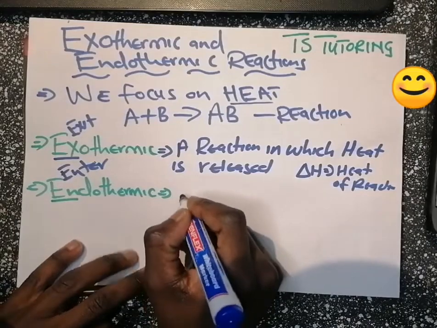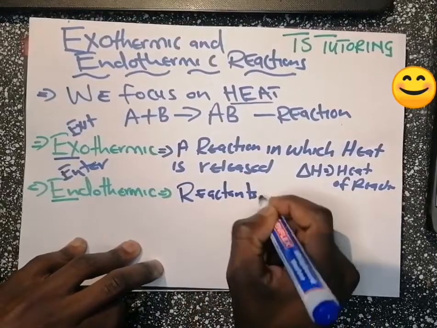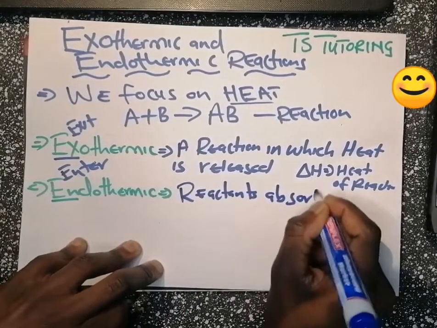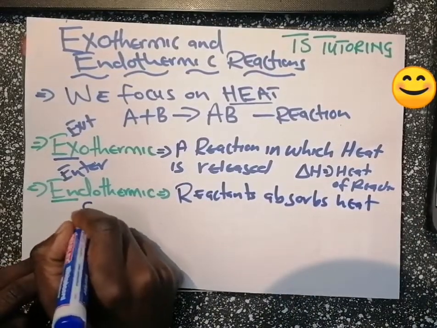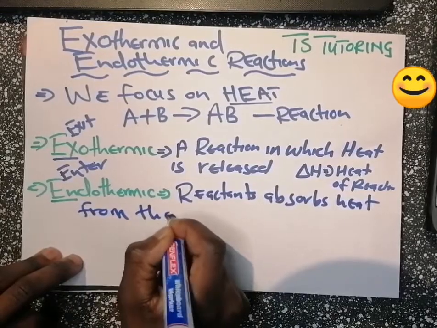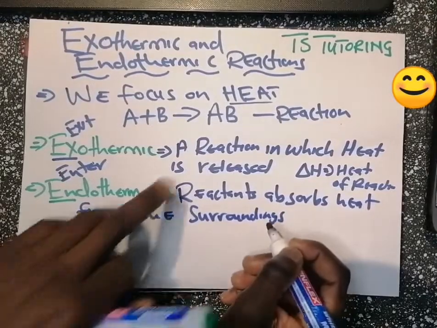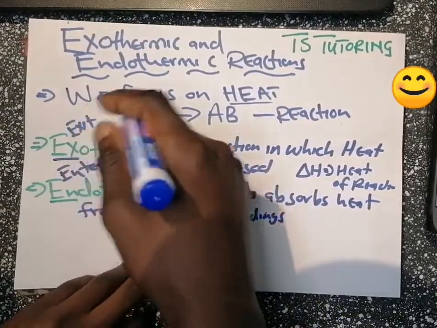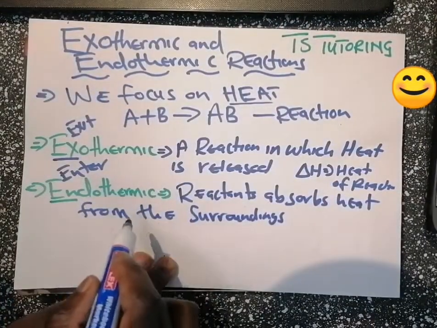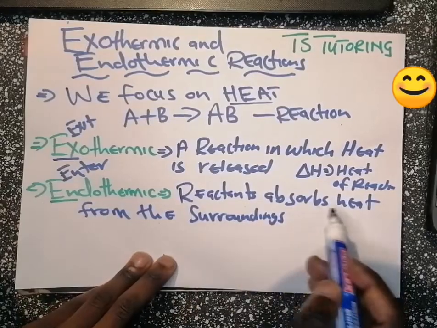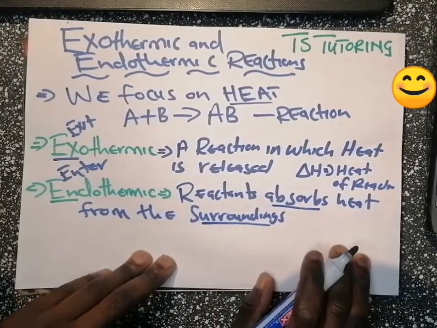So basically, in this reaction, the reactants will absorb heat from the surroundings. But with exothermic, the reaction will give off heat to the surroundings. Here, endothermic, En for enter, the reactant will absorb. When you absorb heat, you are taking in heat. From where? From the surroundings.